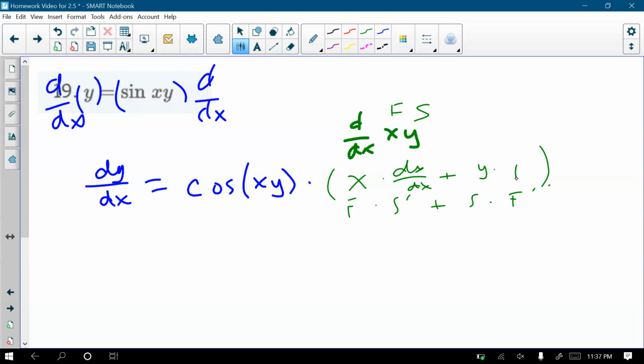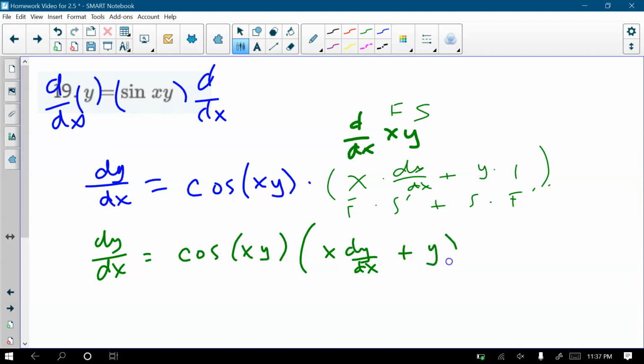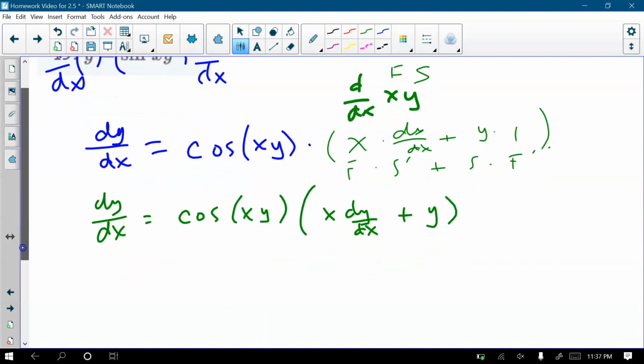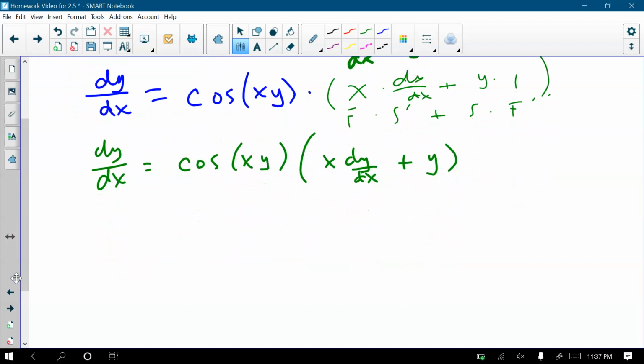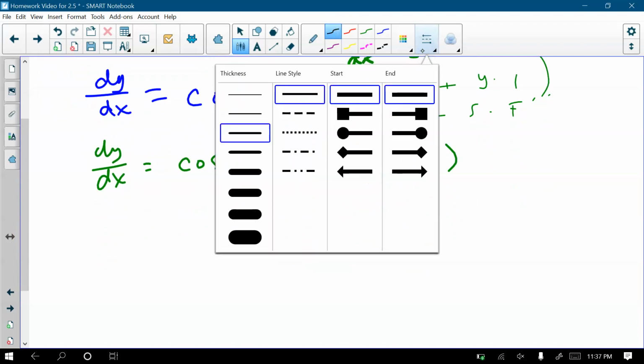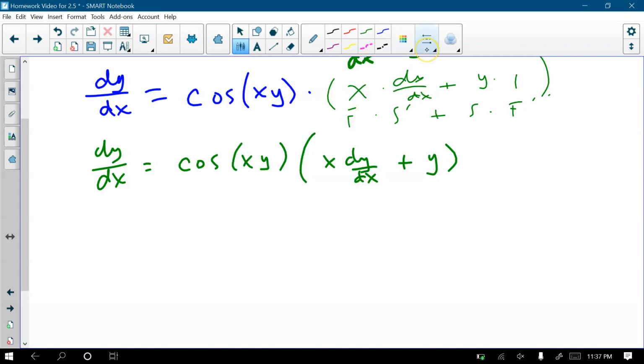Okay, now dy dx isn't by itself though, so we have one more layer of necessity here. So we have dy dx equals cosine xy times x dy dx plus y. Okay, so now again we need to isolate dy dx. So what we'll do is we will move the dy dx's to one side of the equation.